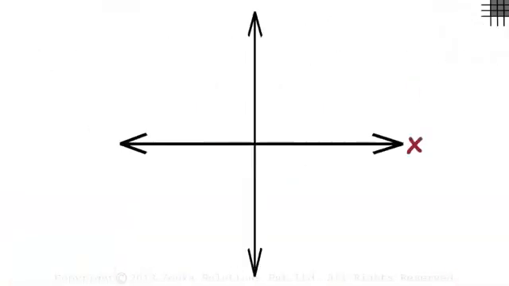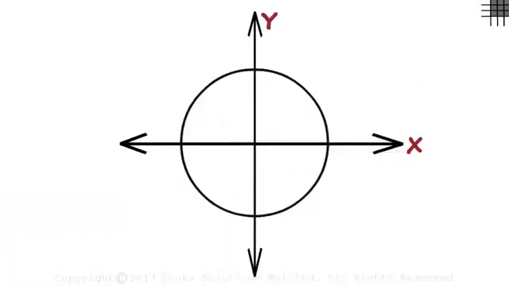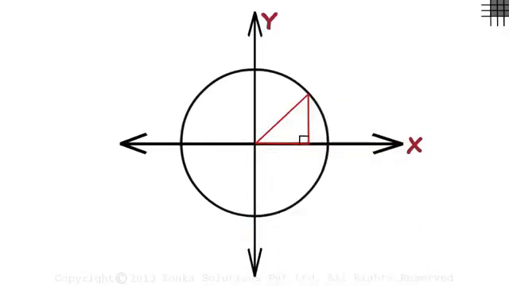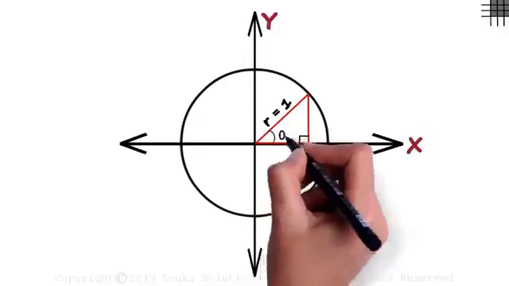Let's see. Let these be our x and y axis, and let this be our unit circle. We draw a right triangle this way. We draw it such that the hypotenuse of the triangle is the radius of the unit circle. So the hypotenuse will be 1 unit, and we let this angle be theta.